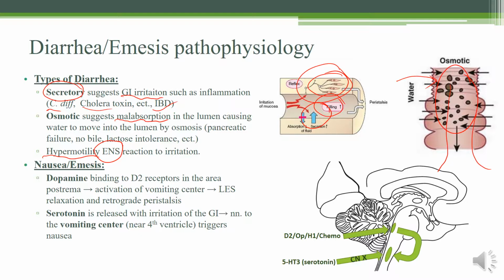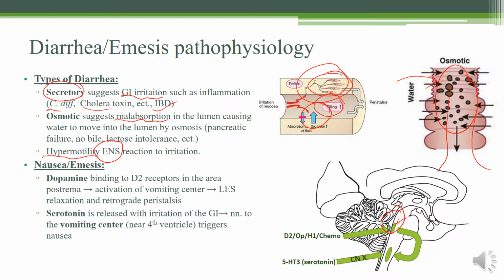So let's move on and talk about nausea and emesis, which requires a brief introduction to neurology. Inside of your brain, you have a little chamber called the fourth ventricle. This fourth ventricle has a little area at the bottom of it called the area postrema. It's called postrema because it's at the back, or the posterior, of the brainstem.